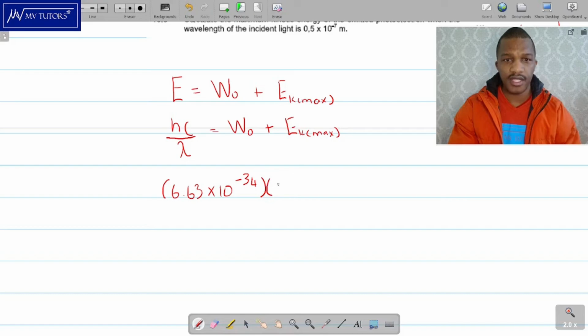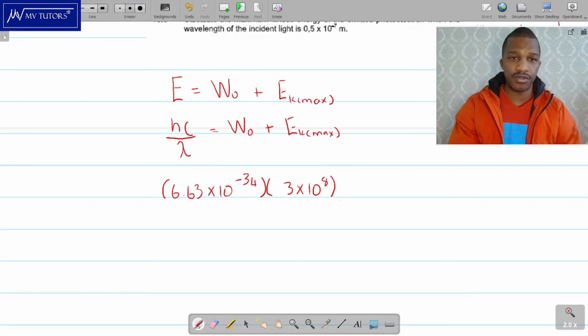And c is also a constant, 3 times 10 to the power 8. If you scroll down your formula sheet, you will see these values.